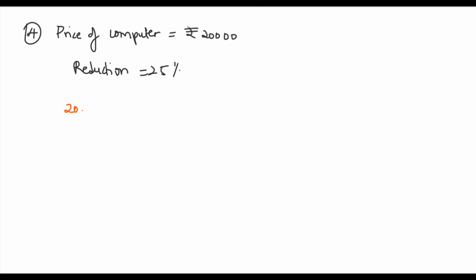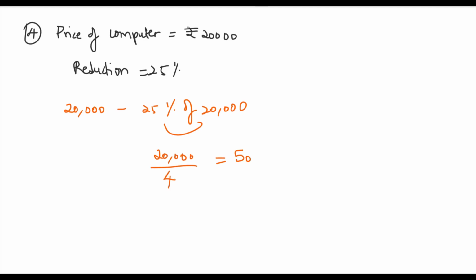So 20,000 minus 25% of 20,000. What do you have to do for the 25% trick? Divide by 4. We will be left with 5,000. Therefore, 20,000 minus 5,000, the answer is 15,000.